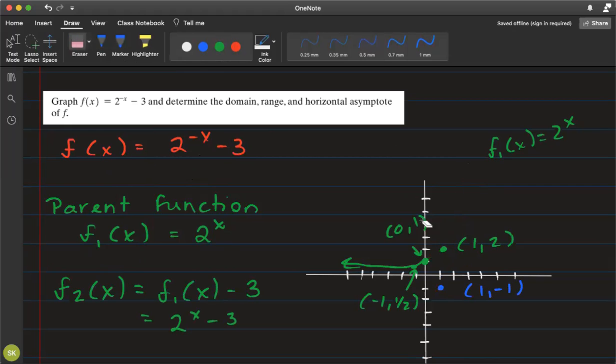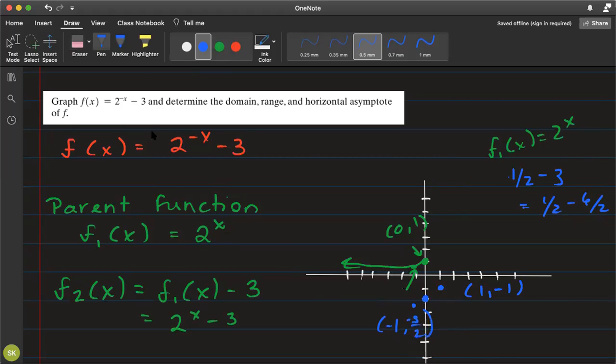Let me erase this graph now and get rid of this point. The point (0, 1), we want to move down 3. So 1, 2, 3, move it here. And this one is going to be moved down 3 units right here. Since this was (-1, 1/2), if we move it down 3, this is 1/2 minus 3, which is 1/2 minus 6 over 2, which is negative 5 over 2.